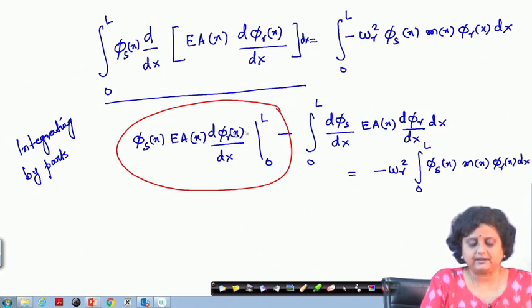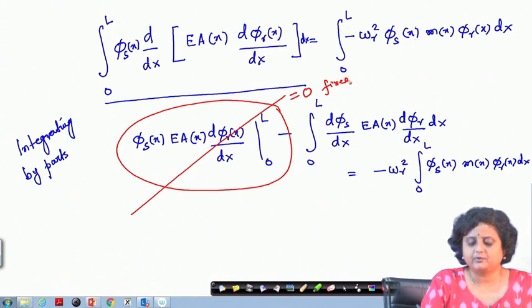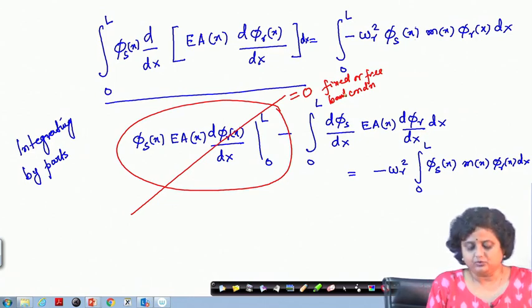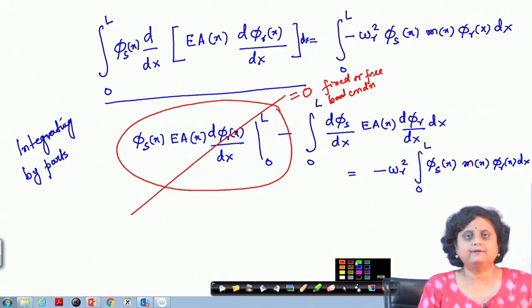If it is a fixed end, then this goes to 0. Therefore, this entire expression goes to 0 for a fixed or free boundary condition, so given any condition this part goes to 0.